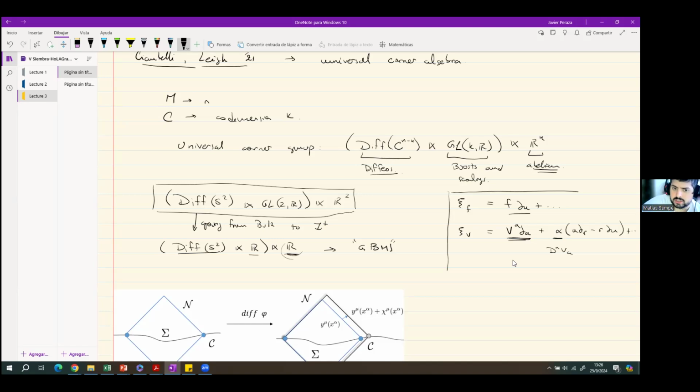And Diff S2 is SL2C, or what kind of group is it? Diff S2 is the group of all the possible diffeomorphisms on the sphere, and you can take some subgroups, of course, but it doesn't contain any... I don't know how to say it.